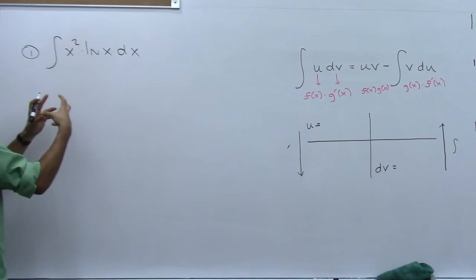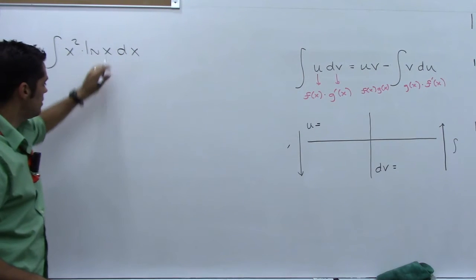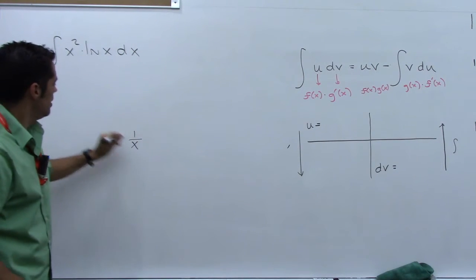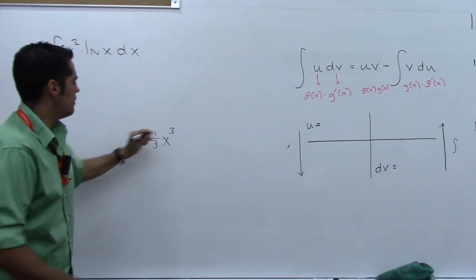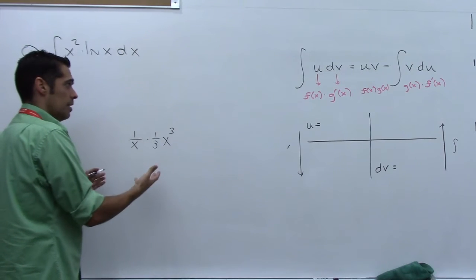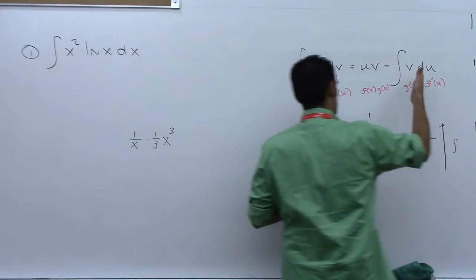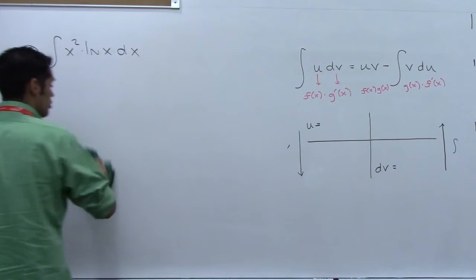So again, I'm trying to think ahead here. The derivative of this being 1 over x, the integral of this being 1/3 x cubed, if I multiply these two together, that's just going to be a power of x, and that's a good thing. So I know my new integral is actually going to contain something I can handle. So I believe that'll be a good choice.